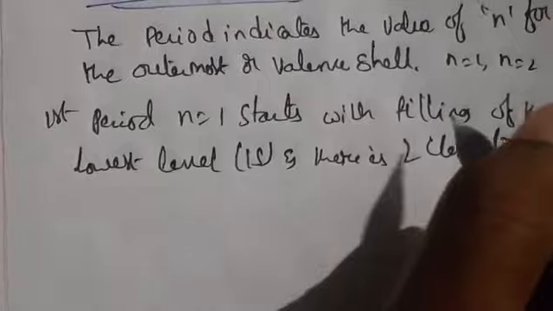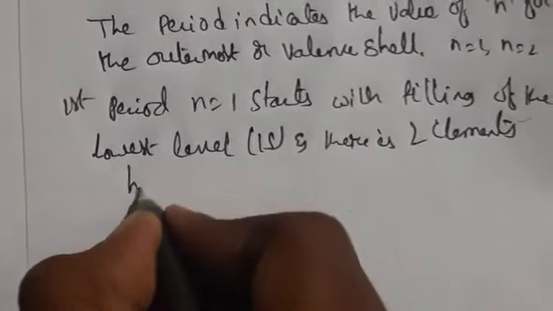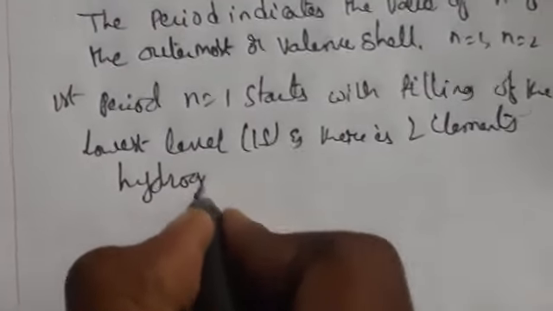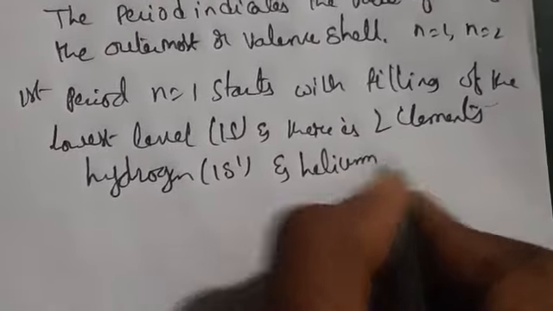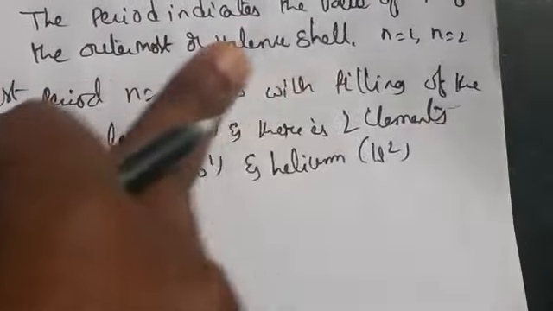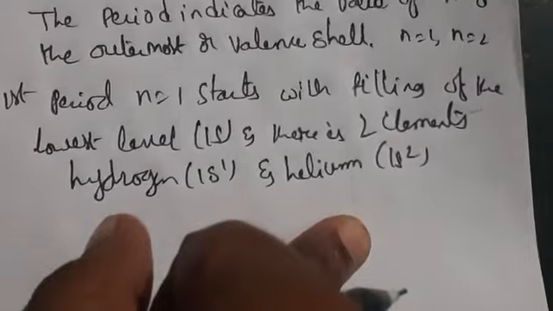If you take hydrogen, it has the electronic configuration 1s1, and helium has 1s2. So the first shell, K, is completed.